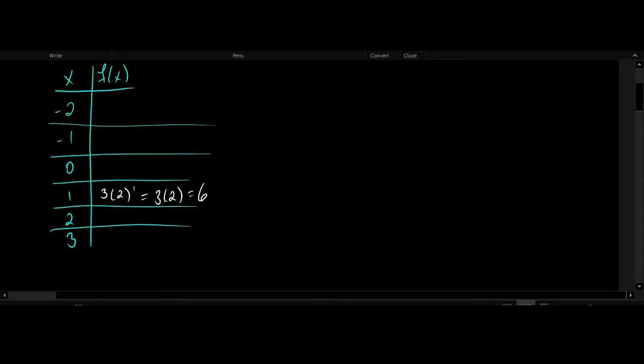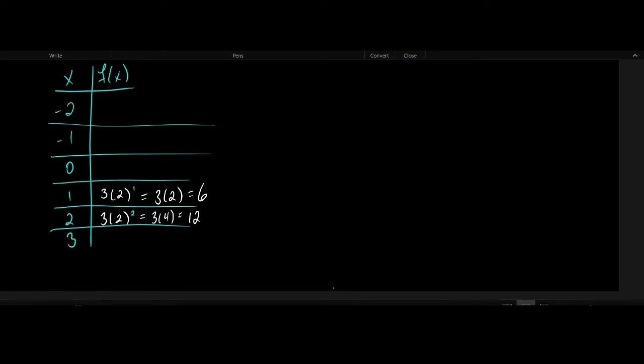Let's try the same thing with the next point where x is equal to 2. We have 3 times 2 to the power 2. So, following PEMDAS once again, we have 2 to the power 2, which is 4, and then 3 times 4 is equal to 12. And once again, we can try it with 2 to the power 3.